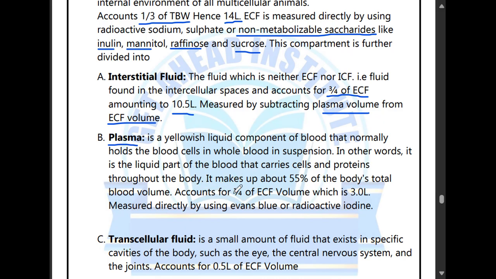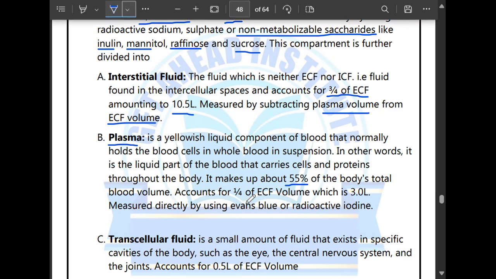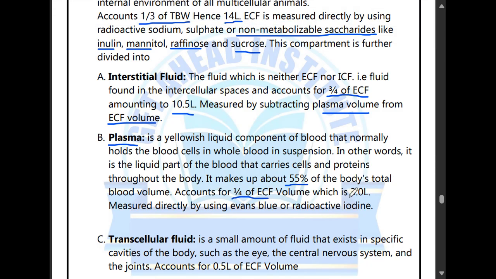Plasma makes up 55% of the body's total blood volume, but it only accounts for 1 over 4 of ECF volume, which is just 3.0 liters. This one is measured directly using Evans blue.